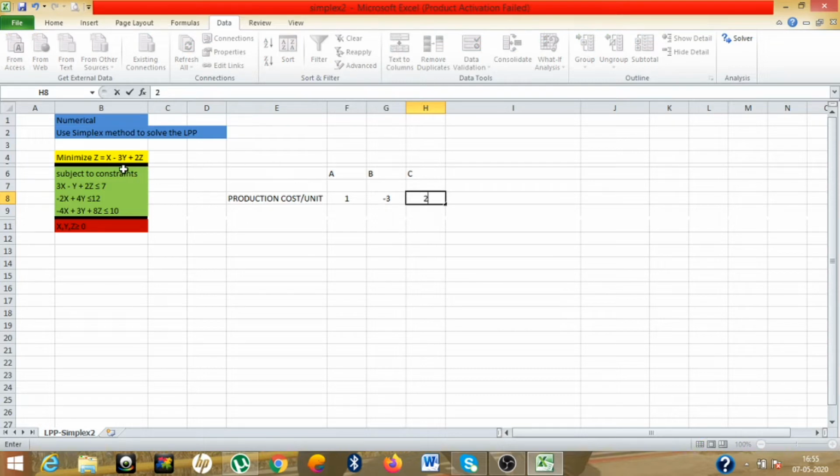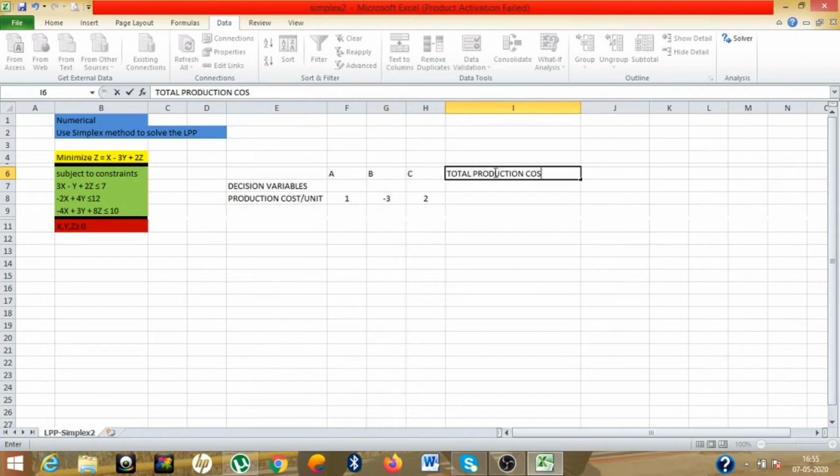It is the coefficient of x, y, z in the objective function. Then we have three decision variables x, y, z. Now we will find the total production cost for the three products.